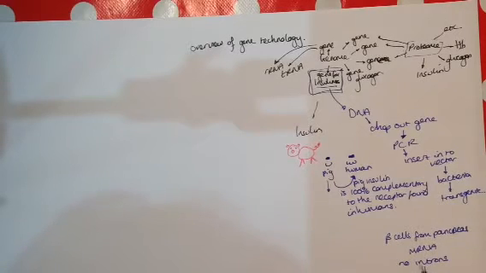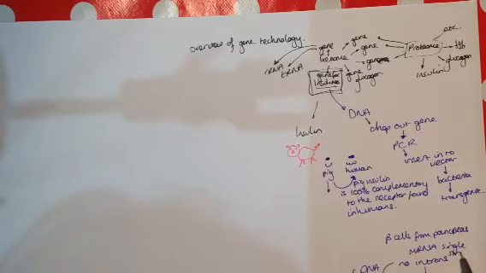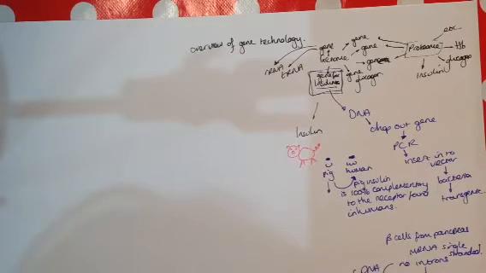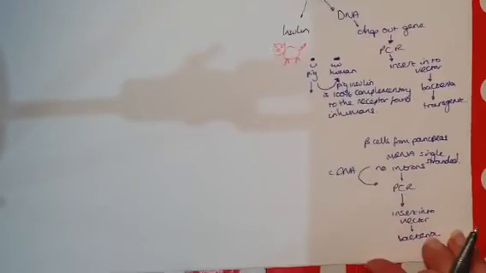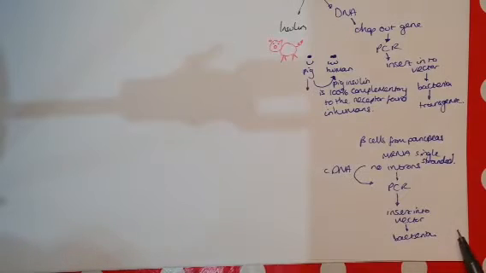But before you do that, you have to go through and make cDNA. So you take your single-stranded mRNA and you make it into cDNA, then you amplify it up, insert it into a vector, put it into your bacterium, and then you've made your transgenic.